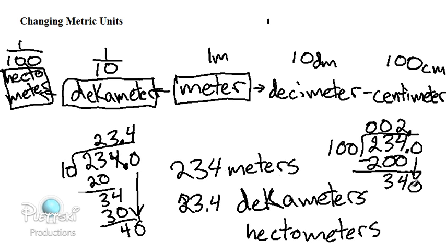And 100 goes into 340 3 times, because 3 times 100 is 300. And you're going to subtract that, and you'll end up with 40. Add another 0 and bring that down. And 100 goes into 400 4 times.